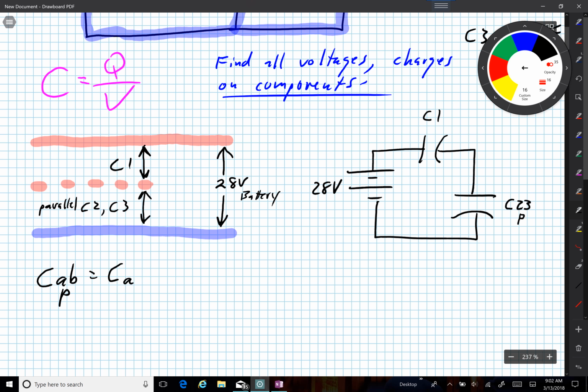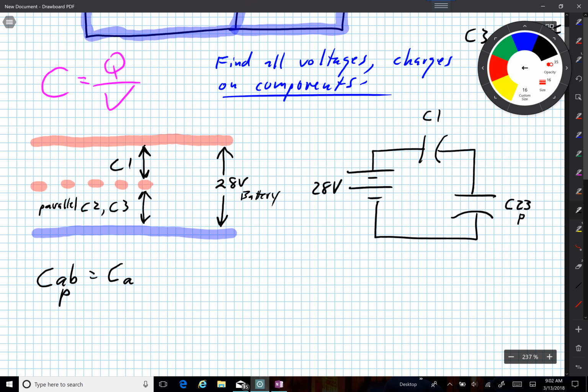If I want to do the series combination of two capacitors, D and E, if capacitor D and capacitor E are in series, the series capacitance that's equivalent is going to be 1 over CD plus 1 over CE. That's a series combination of capacitors. That produces an equivalent capacitor.